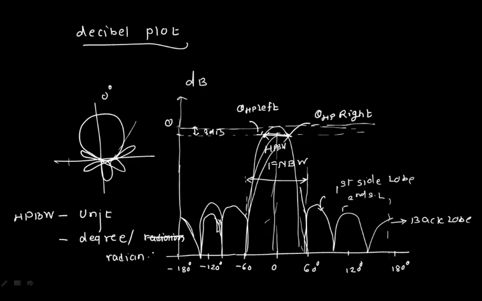ठीक है? So this is the decibel plot. ठीक है? Half power beamwidth in terms of the decibel plot. अगर मुझे डेसिबल प्लॉट के लिए हाफ पावर बीमविड्थ डिफाइन करना है, so how I'm going to define this half power beamwidth?